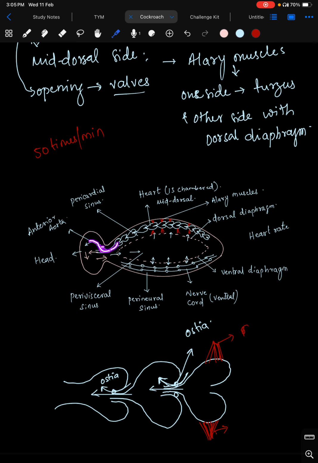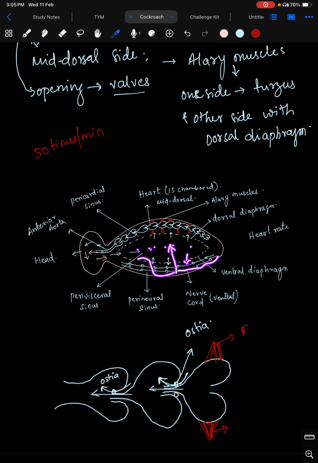From the anterior aorta it is going inside the head sinus, that is the cavity present in the head region. From there it is moving into the perivisceral cavity through the pores which are present in the ventral diaphragm, and in reverse from the perineural cavity to the perivisceral cavity.